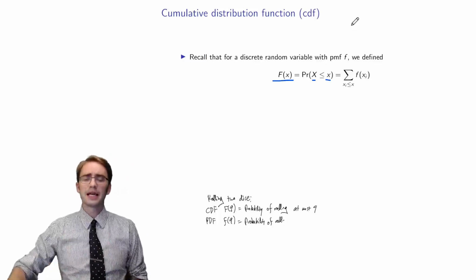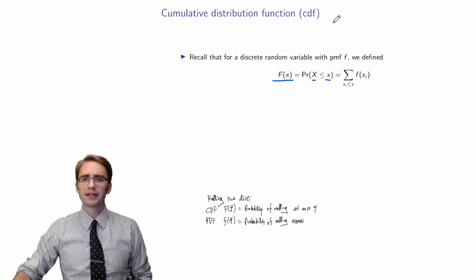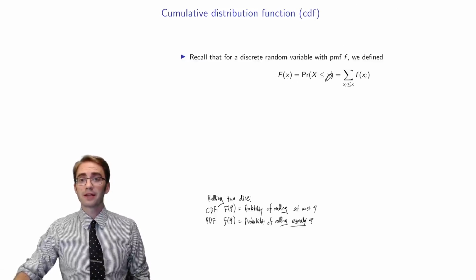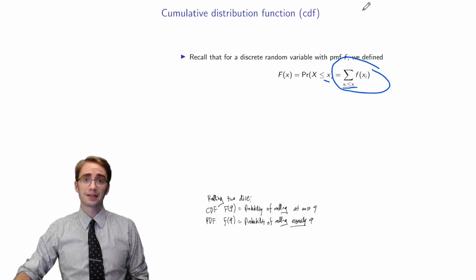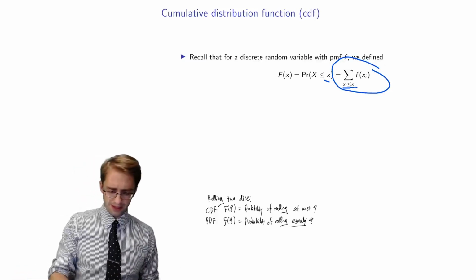So we define this thing, and how do you compute that? Well, it's pretty straightforward. The probability that the random variable takes on a value less than or equal to little x is just a sum of the PMF for all values less than or equal to x. How do I compute this? I'll draw a stem plot here.